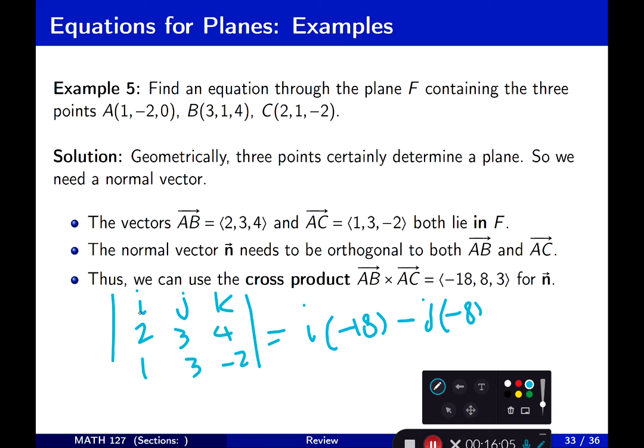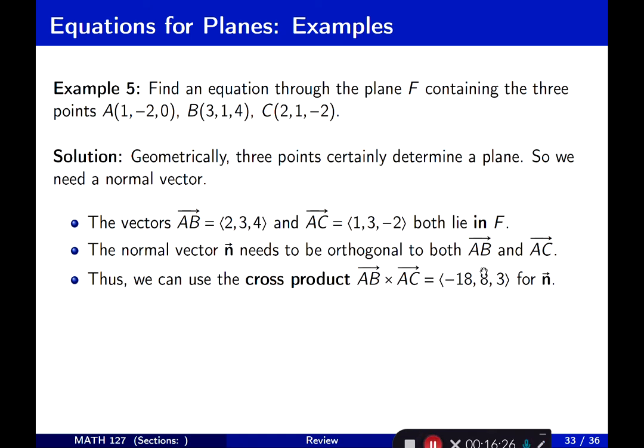And then for k you get 2 times 3 minus 3, which is 3k. When you clean it up, it's -18i plus 8j plus 3k. So -18, 8, and 3.